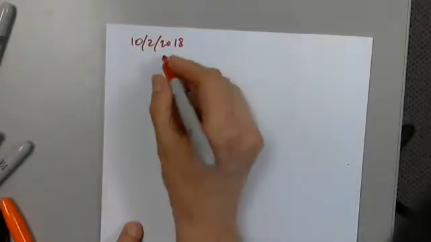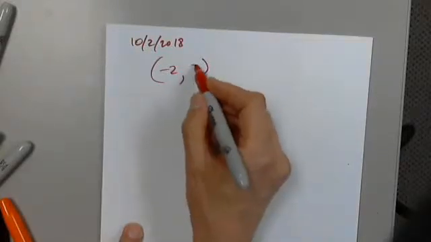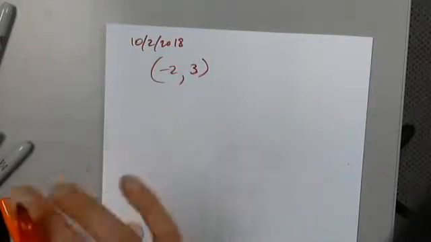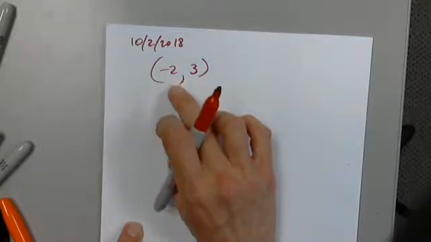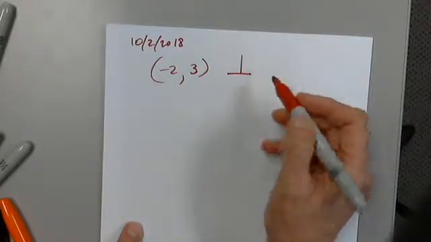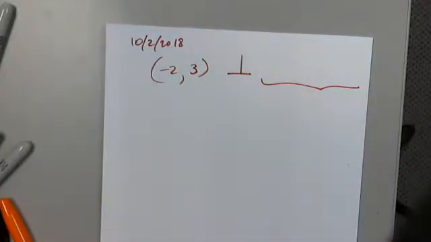Okay, so let's suppose, and please give me a point. Any point you want. Perfect. 3. Very good. Awesome. So there is a line passing through this point and perpendicular to, please give me any equation you want.